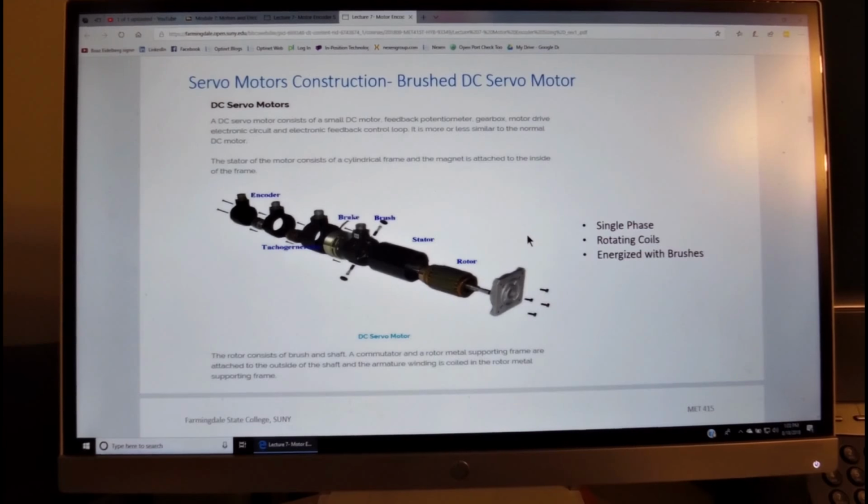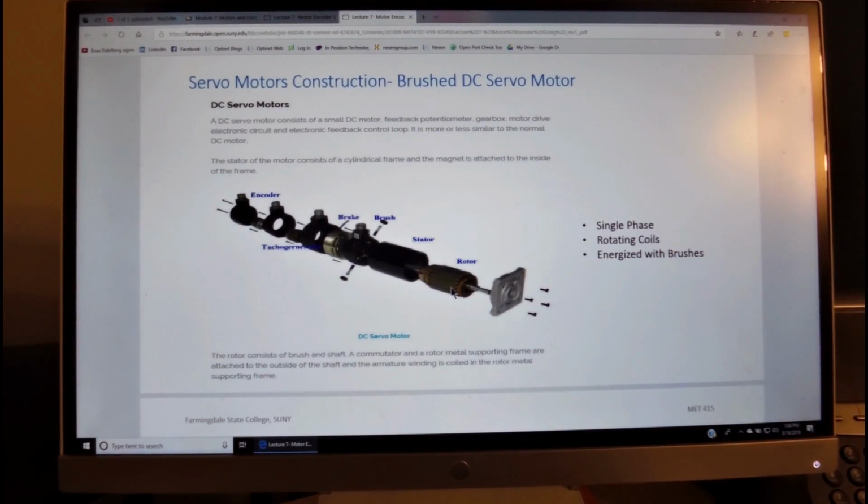This is a typical DC servo motor. We see that we have the stator, which is a fixed element, and then we have the mounting bracket, which is fixed to the stator with the mounting holes to the mounting bracket, which attaches the motor into the robot arm.